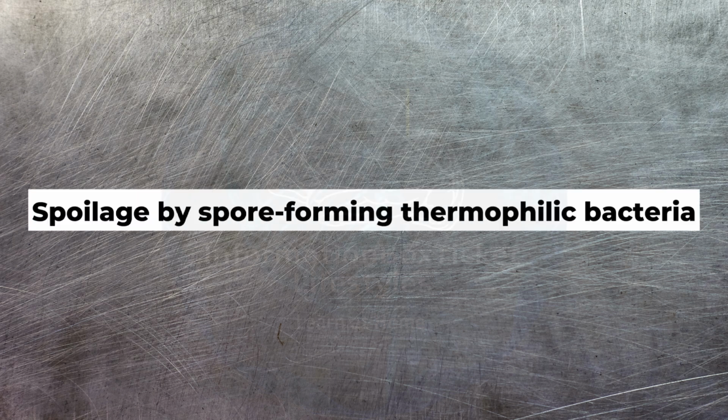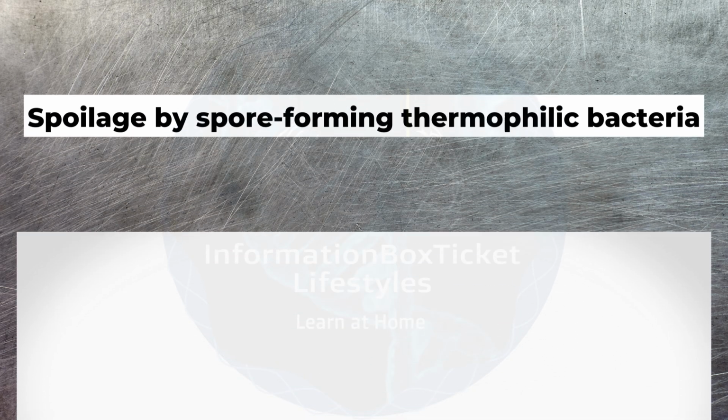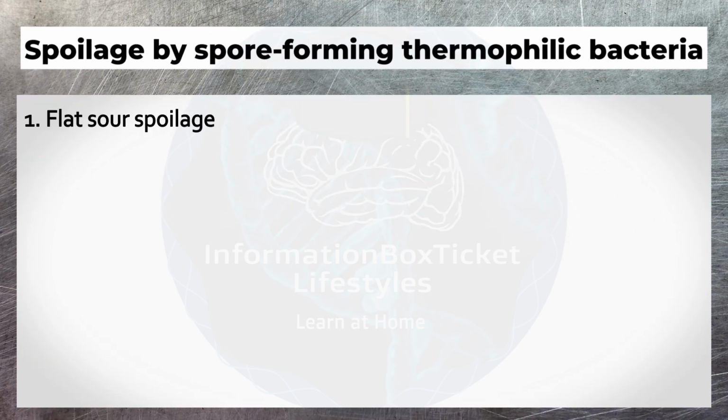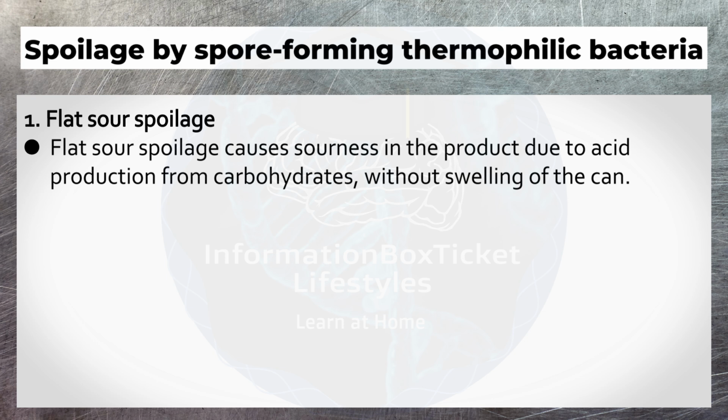Spoilage by spore-forming thermophilic bacteria. First, flat sour spoilage. Flat sour spoilage causes sourness in the product due to acid production from carbohydrates without swelling of the can.